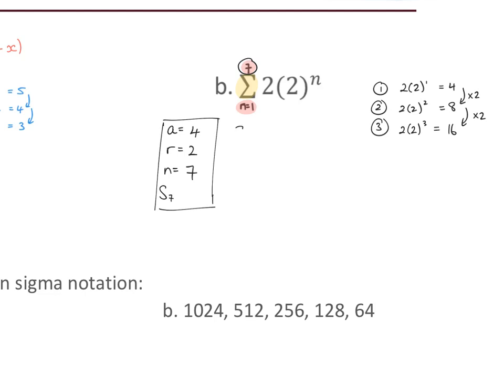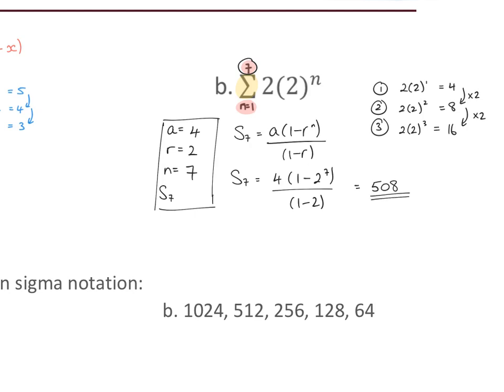Now the sum to 7 is a geometric series. The formula for this is given in the formula booklet. Remember, there's 2 options for this. So the sum to 7 equals a times 1 minus r to the n over 1 minus r. That all goes in your calculator, and that is 508.